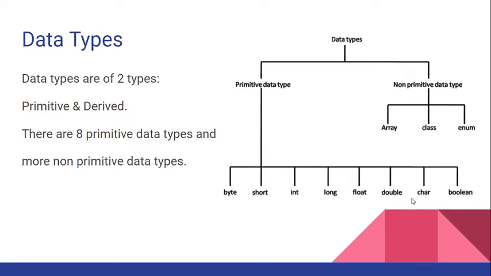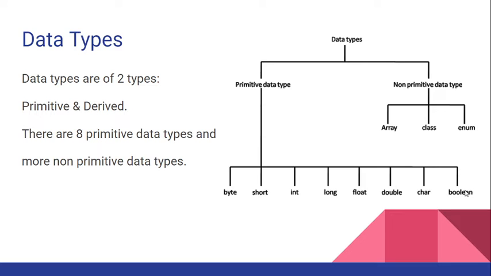And char is for a character or any symbol. Anything you find on the keyboard, like the numbers 1, 2, 3, or any symbols like parenthesis, the asterisk, modulus, or at the rate, or any letters, these are all symbols. These are stored in single quotes in the char data type.